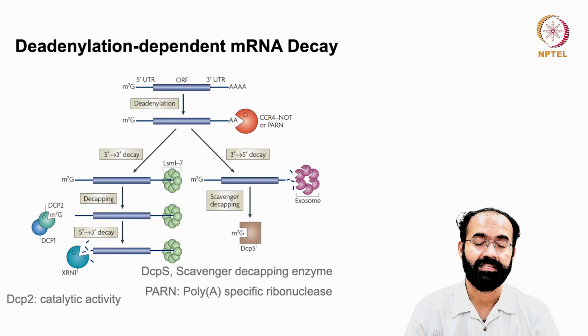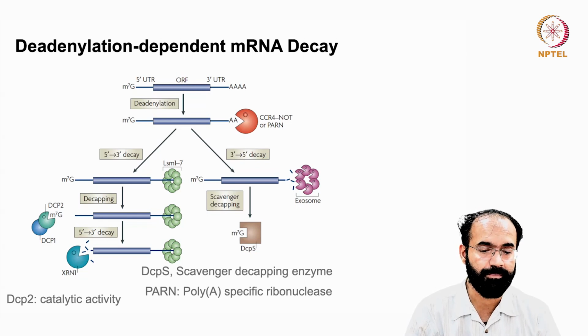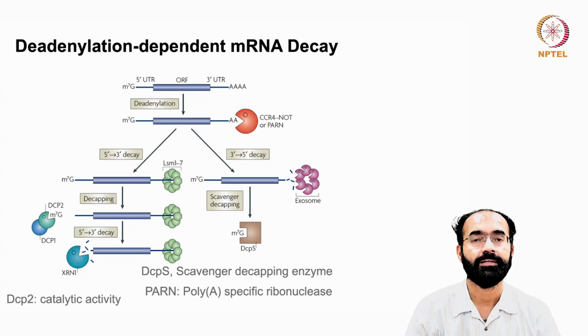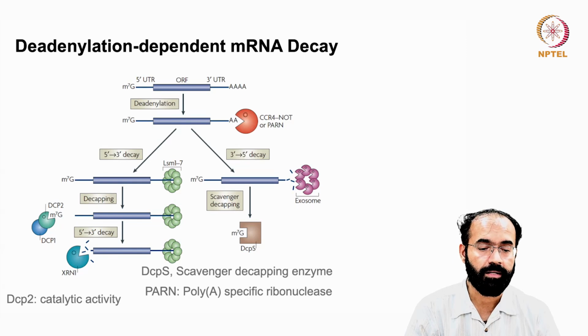This will trigger the decapping, and decapping is done by the enzymes DCP2 and DCP1. DCP1 and DCP2 are a two-enzyme complex that will cause the 7-methyl guanosine to be lost.